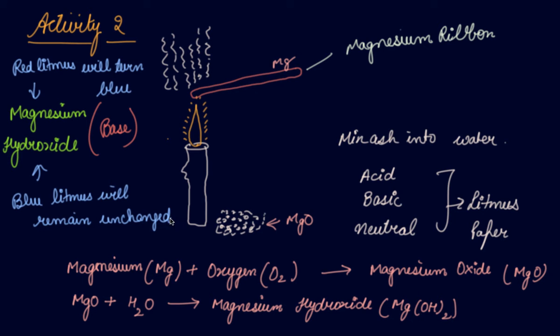Now a new substance is formed from the magnesium ribbon. A new substance, magnesium hydroxide, is formed. A new chemical is formed. The properties of this magnesium hydroxide are completely different. So this is the chemical change that is occurring.